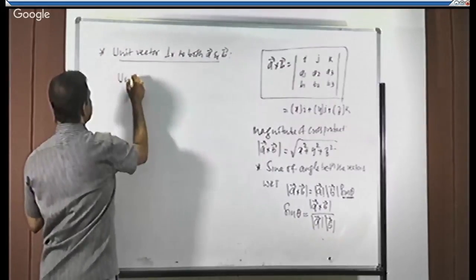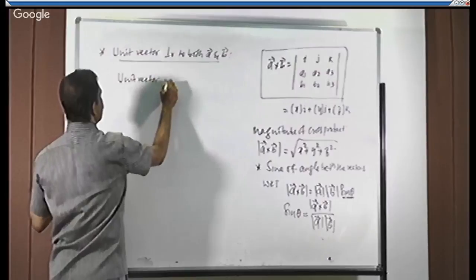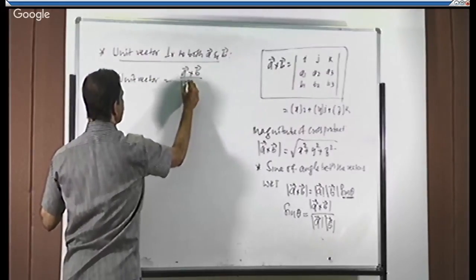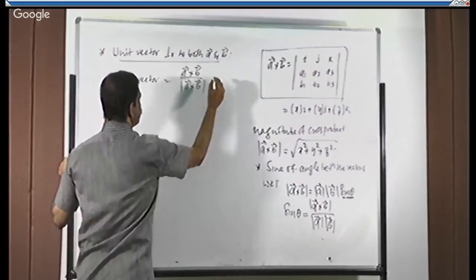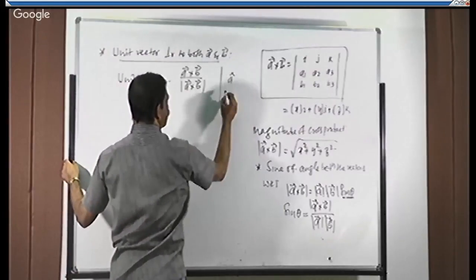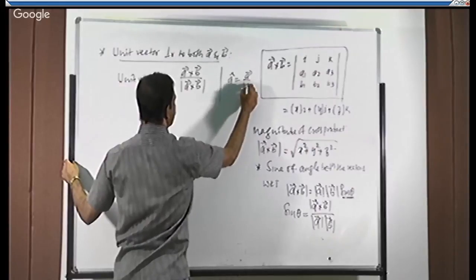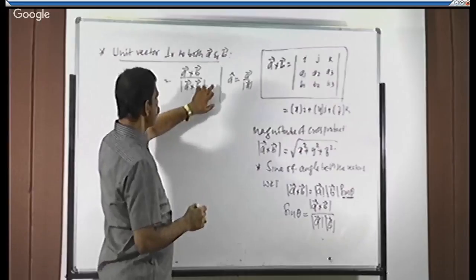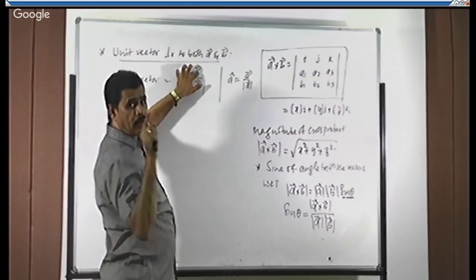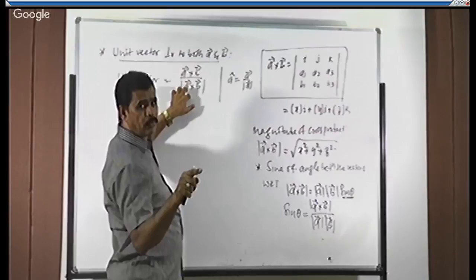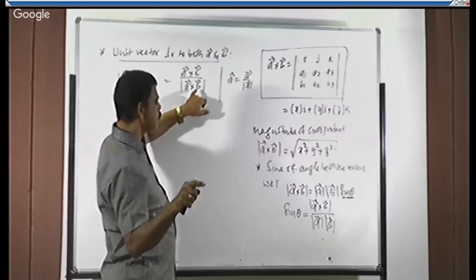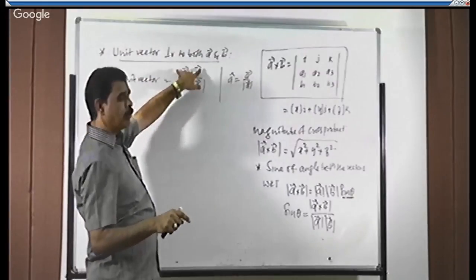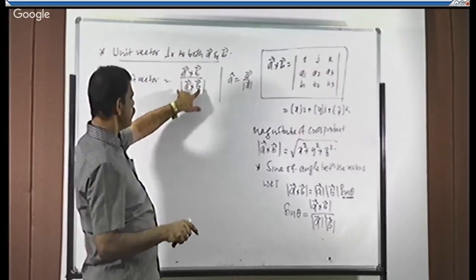So the unit vector is always vector A cross B divided by its magnitude. Please remember this: the unit vector of A is always equal to vector A divided by its magnitude. We are finding a unit vector along A cross B. That vector is always perpendicular to both A as well as B, which is why the unit vector is vector A cross B divided by its magnitude.